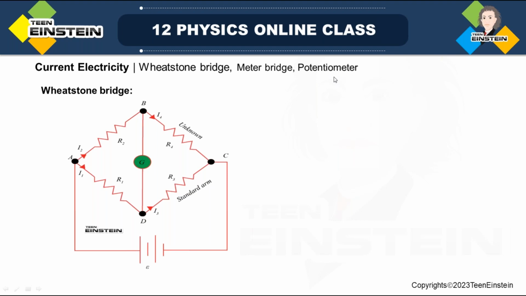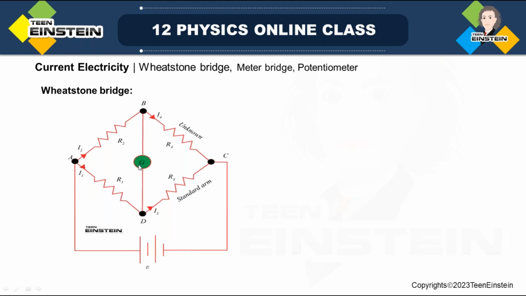Okay, so let us see what is Wheatstone bridge. You can see this figure, this particular circuit arrangement. There are 4 resistors, right? 4 resistors arranged along with the galvanometer. So this is actually a Wheatstone bridge.